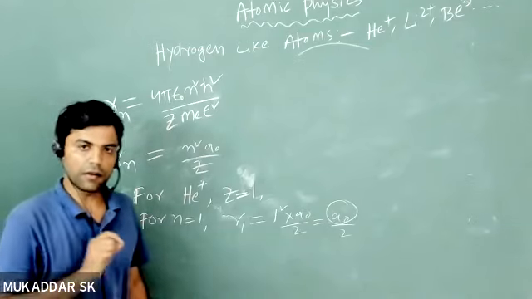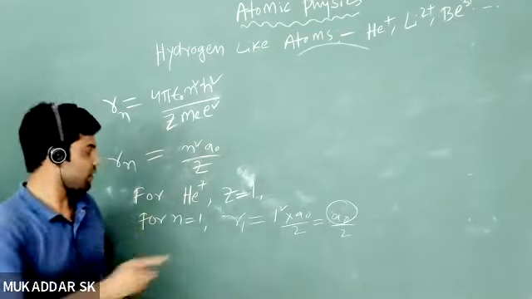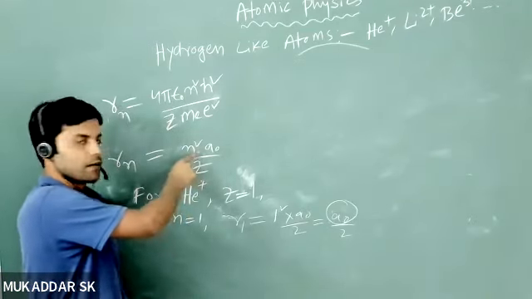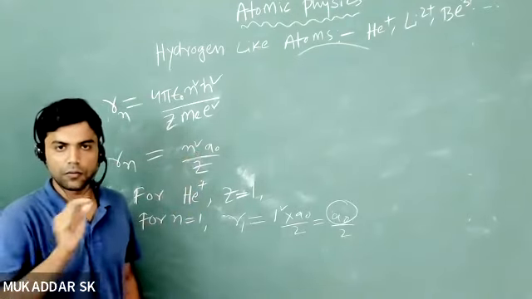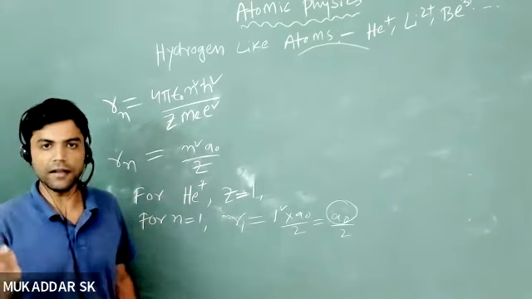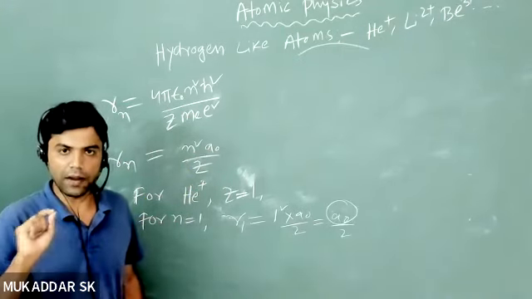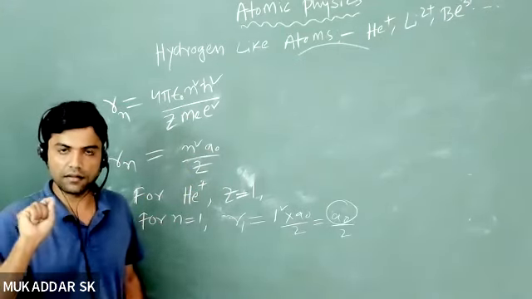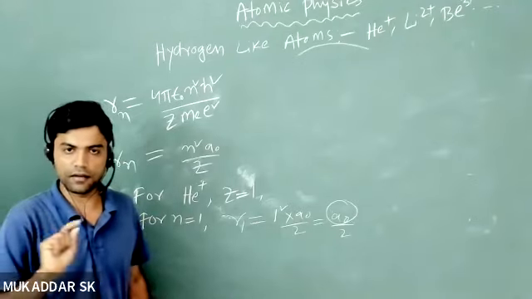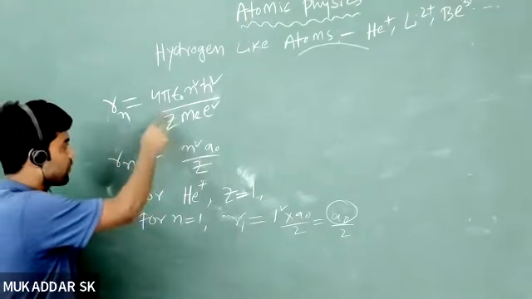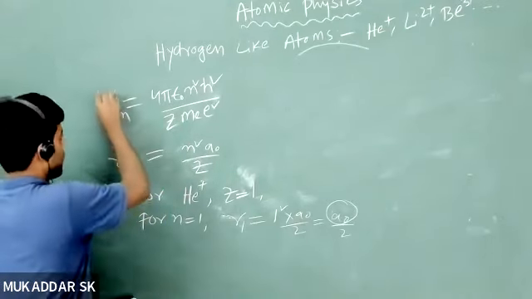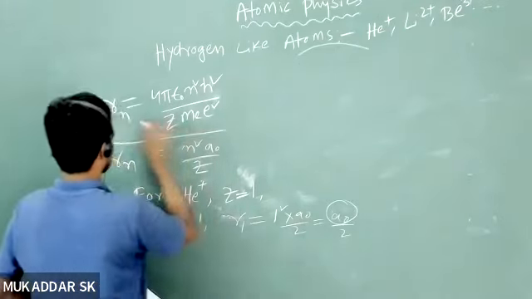Similarly, you can calculate for other orbits. You just have to substitute n values. Like for first excited state, n will be 2. For second excited state, n will be 3. Please keep in mind, first excited state means not n equals 1, it is n equals 2. So for hydrogen like atom, the extra factor is Z. So this is the expression for radius.